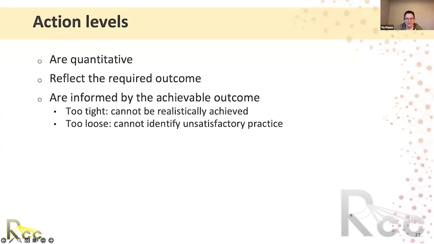For example, if you have a machine that frequently has a 3% deviation from the calibration level, you don't want to set your action level at 3% because it's normal to see that on your machine.